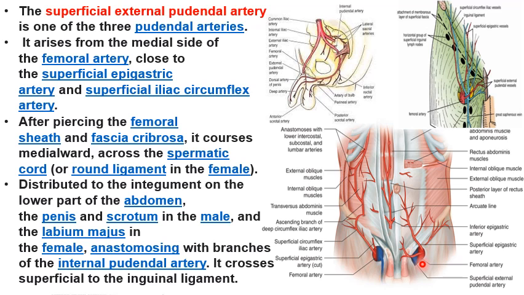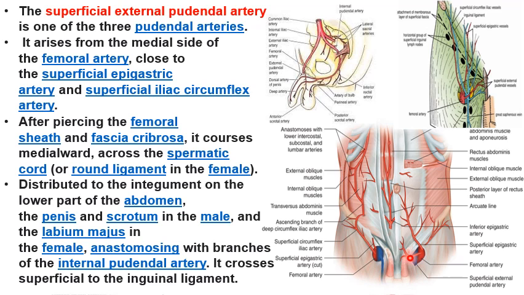It arises from the femoral artery nearer to the superficial epigastric and superficial circumflex iliac arteries, and after piercing the femoral sheath and the fascia lata, it crosses medialwards, anterior to the spermatic cord. This is the superficial inguinal ring, from which the spermatic cord enters into the scrotum, right?